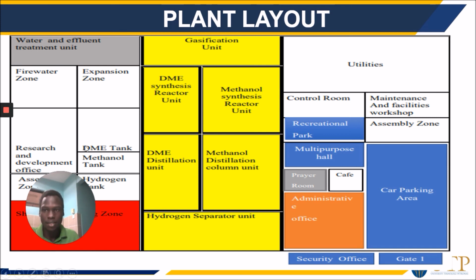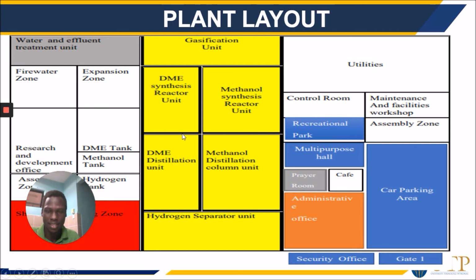This area is the area with low chances of accident happening. The low hazard process area in this figure includes the effluent and water treatment unit, the control room, the utilities, maintenance and facilities workshop, and the shipping zone, which is this in the red area.